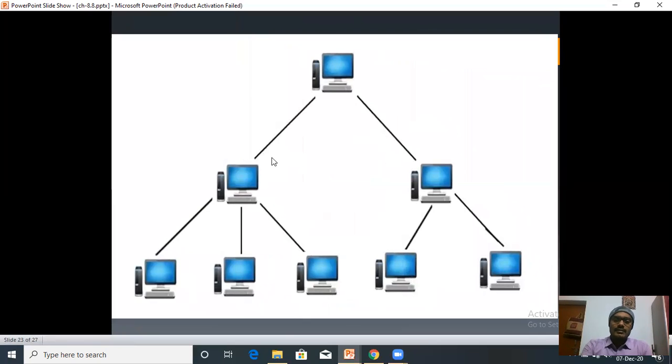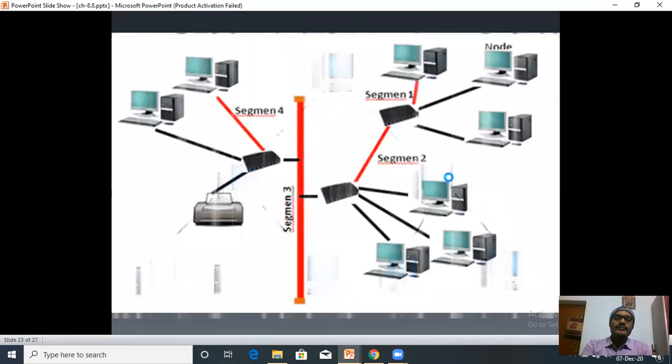You can see the first three computers are connected in series, and again the star topology is used with the first and third computer. This computer is connected in a star topology, and this computer is also connected in a star topology. This is also an example of a tree topology in which a bus topology runs and different star topologies are connected.